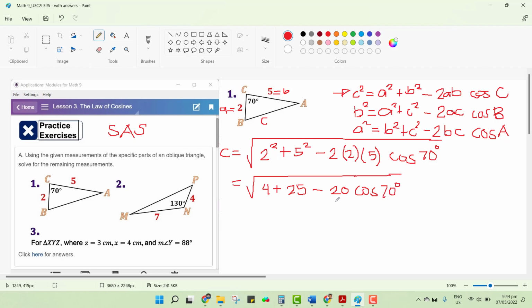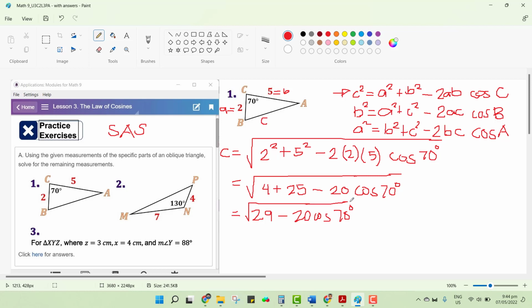Do not make a mistake like saying 4 plus 5 later on then times this one, because 20 is not just a constant here, but it's a numerical coefficient of this expression as a whole. So don't do that, okay? Of course, the next thing you can do is 29 less 20 cosine 70 degrees.